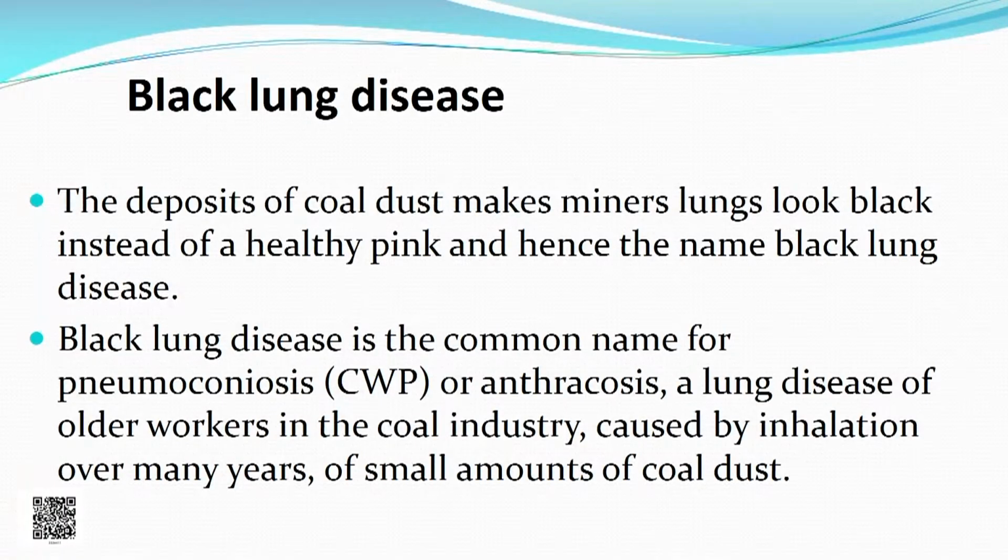This disease is called black lung disease, and the common name of this disease is pneumoconiosis or anthracosis. This is a lung disease of old workers in the coal industry caused by the inhalation over many years of a small amount of coal dust.